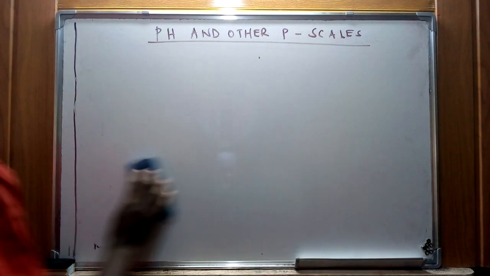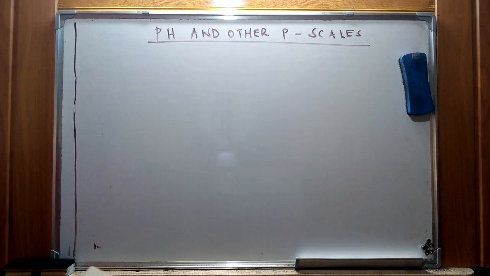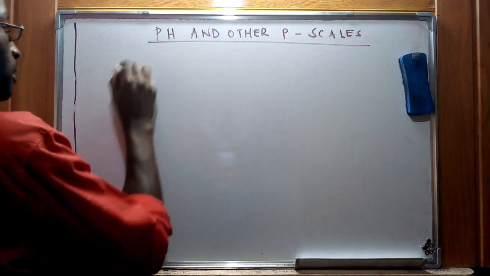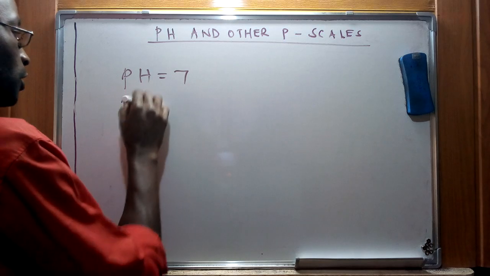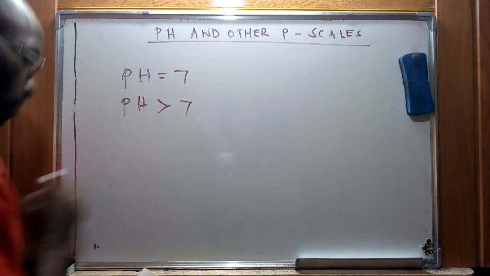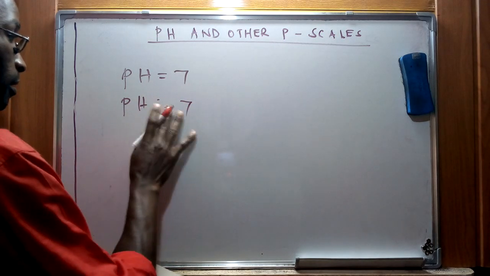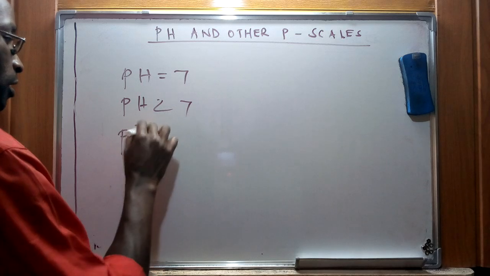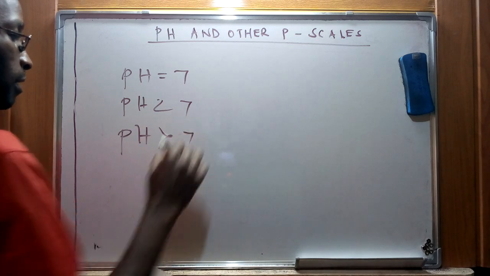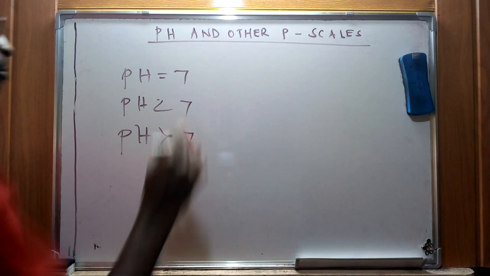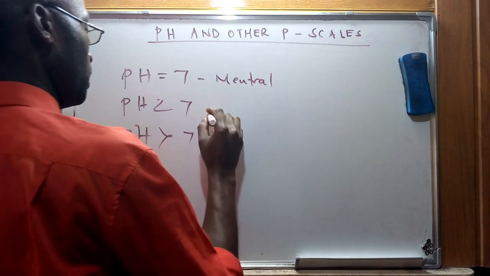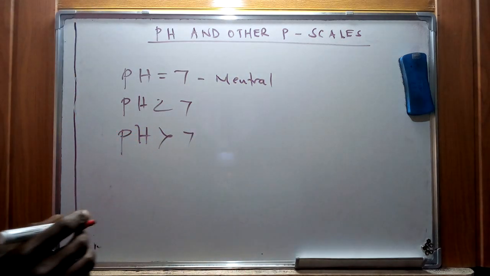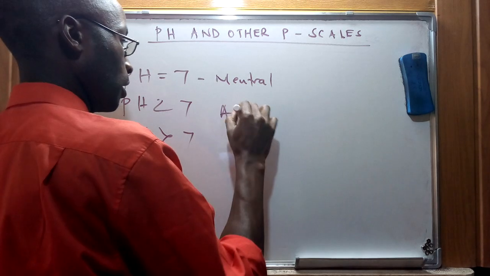So from that particular definition, from the scale that we are getting, we can have a pH that is equivalent to 7, or a pH that is smaller than 7, or a pH that is greater than 7. Then these are going to fall under the category of a neutral solution, and this is going to be an acidic solution.